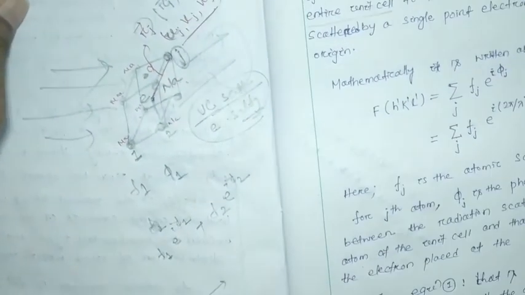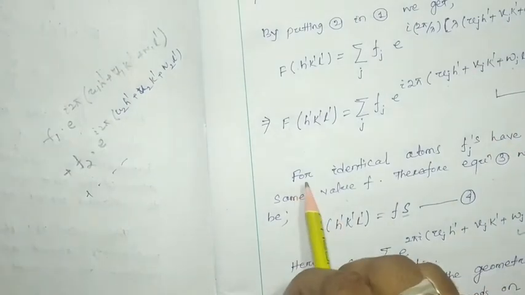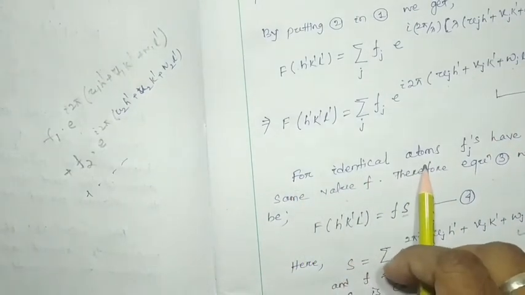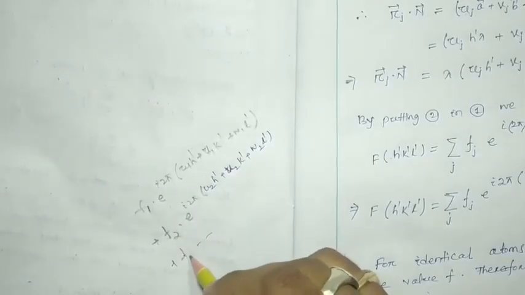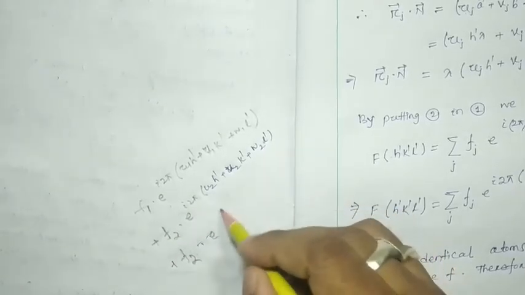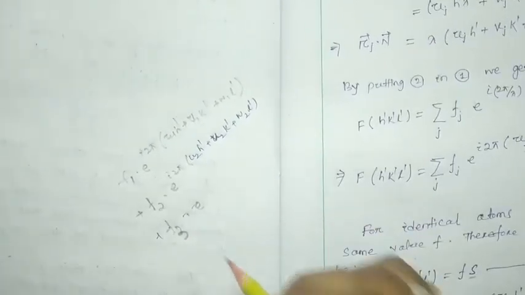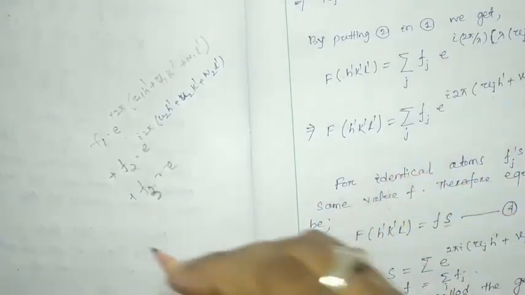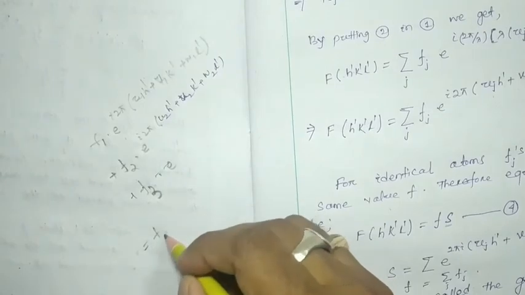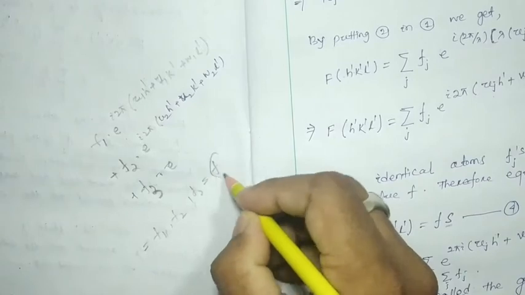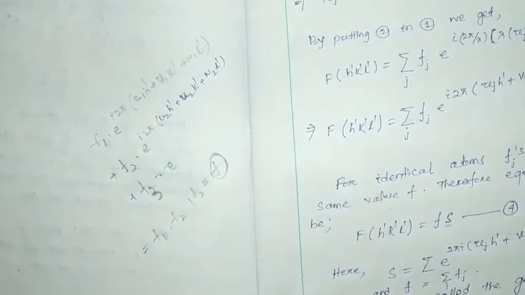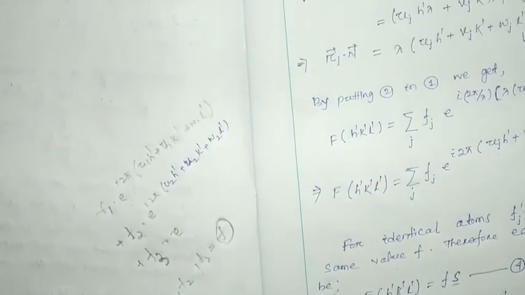If all the atoms are the same in a unit cell, it is written for identical atoms. So f1, f2, f3, f4 will be the same. Let all the fj's, that is f1, f2, f3, be F.